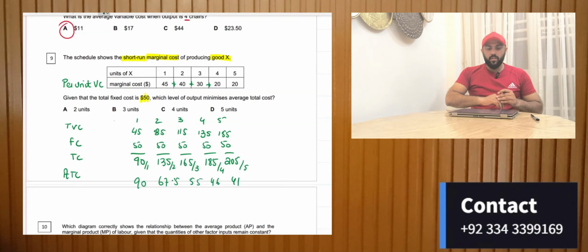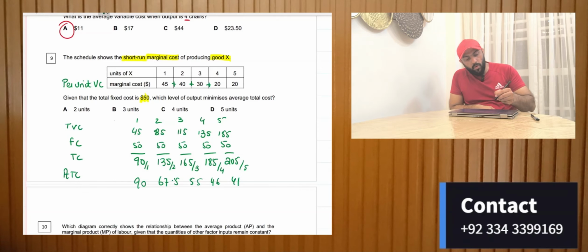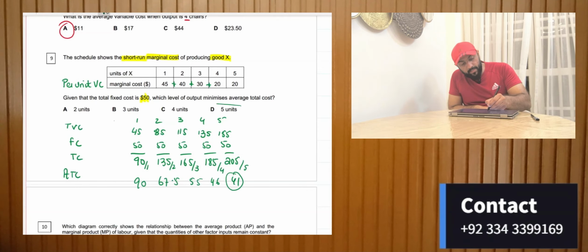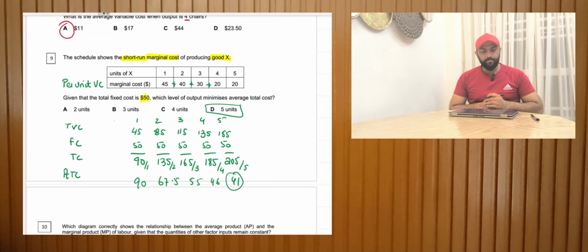So the average total cost is lowest on the fifth unit, hence the answer is D.